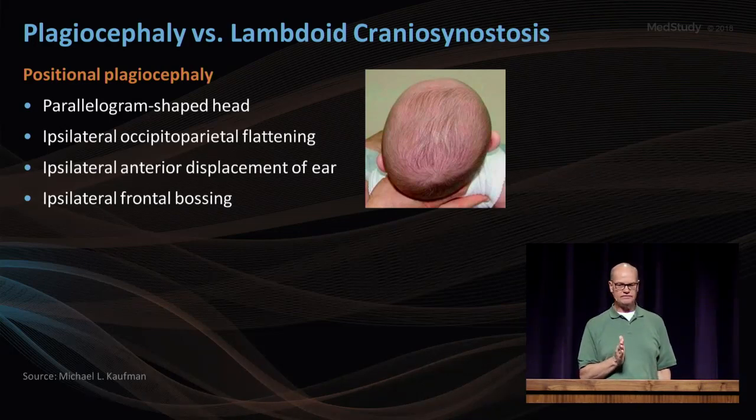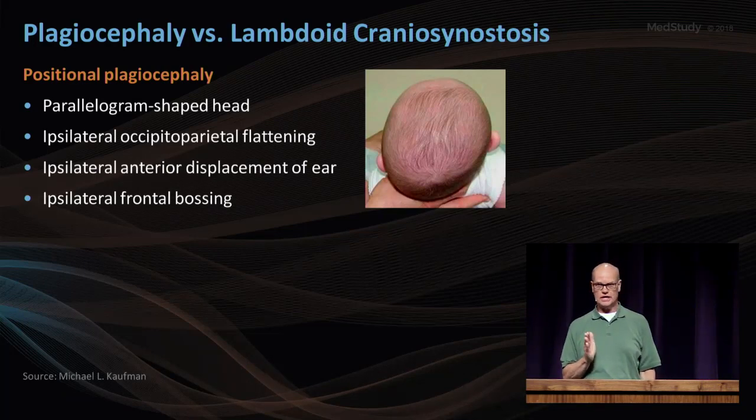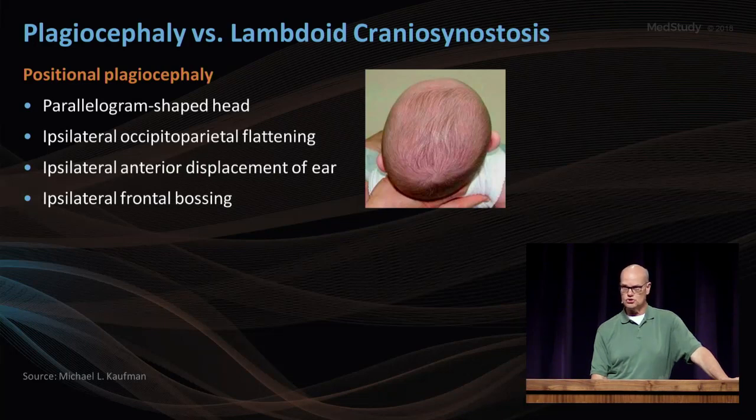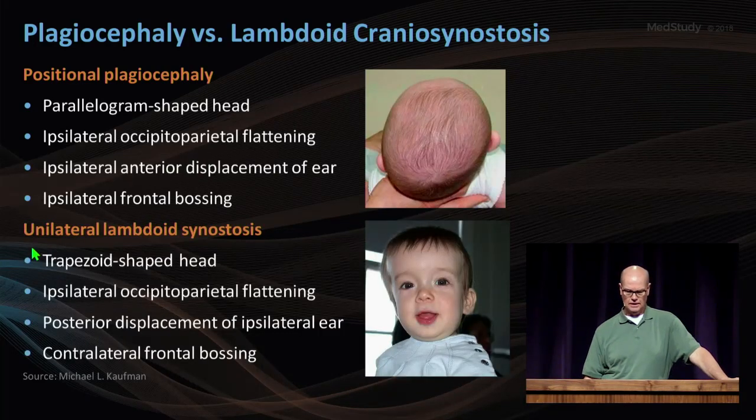But plagiocephaly can look very similar to lambdoid craniosynostosis, and that would require referral to a neurosurgeon. So what's the difference between these two that you should be looking for in your vignette? The shape of the head, both abnormal, is somewhat different.